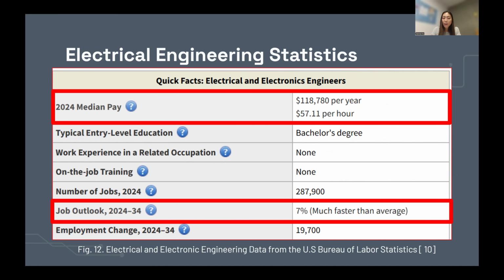And second, the job outlook for around the next decade is expected to grow 7% for electrical engineers. That's more than the average growth for jobs in the United States. Those are just some things to keep in mind in case you're interested in a career in electrical engineering.